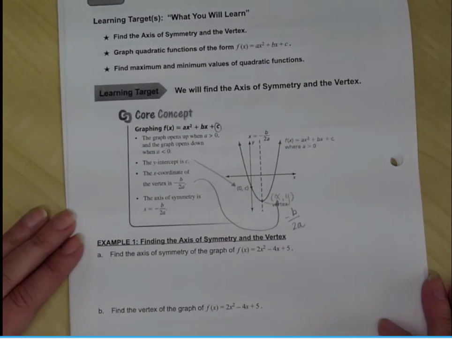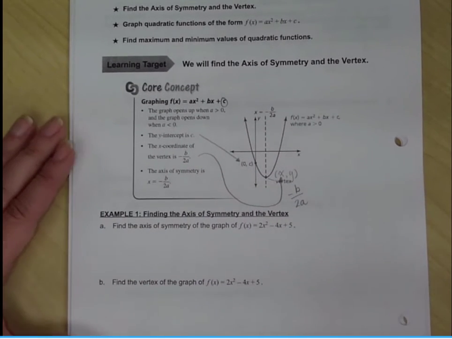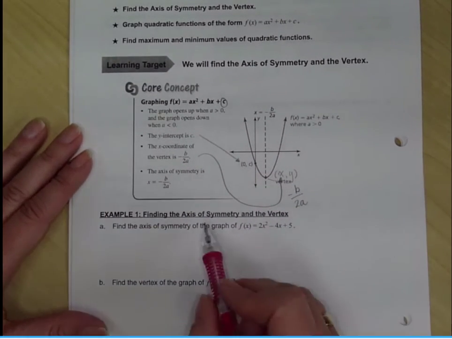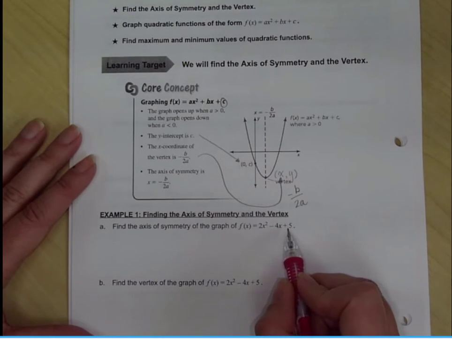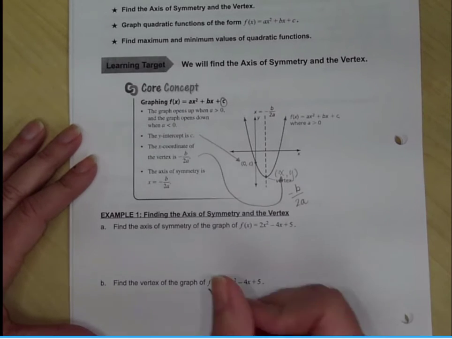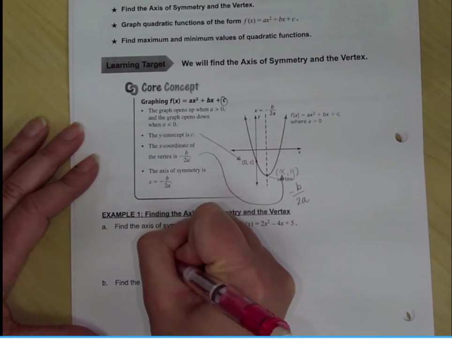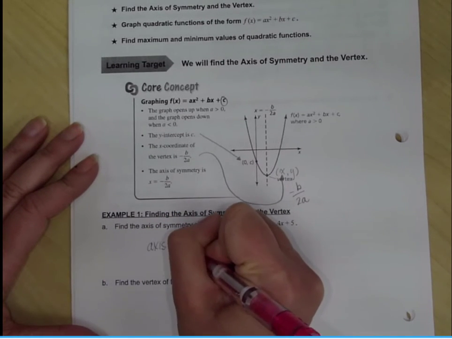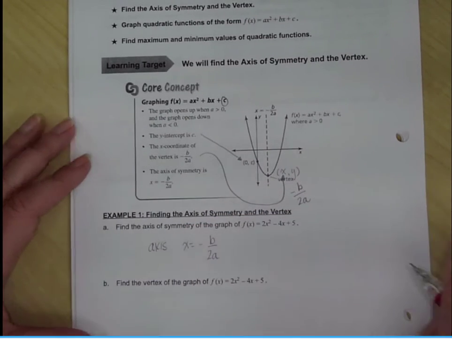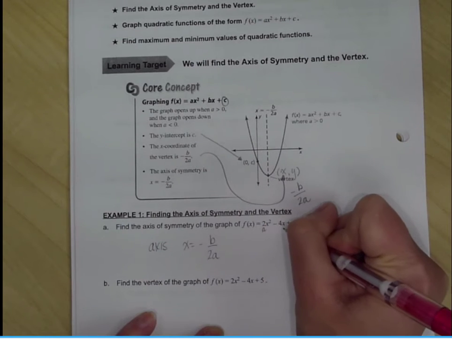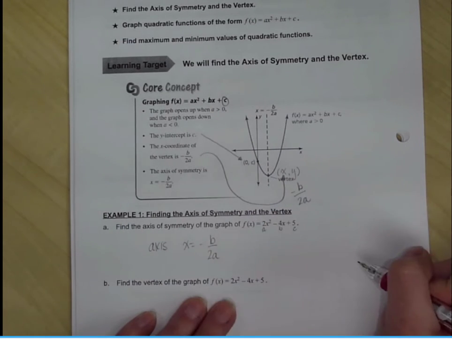So let's take a look at example 1. Find the axis of symmetry of the graph of f of x equals 2x squared minus 4x plus 5. In order to find the axis of symmetry, we're going to use negative b over 2a. So remember, this is a, b, and c.